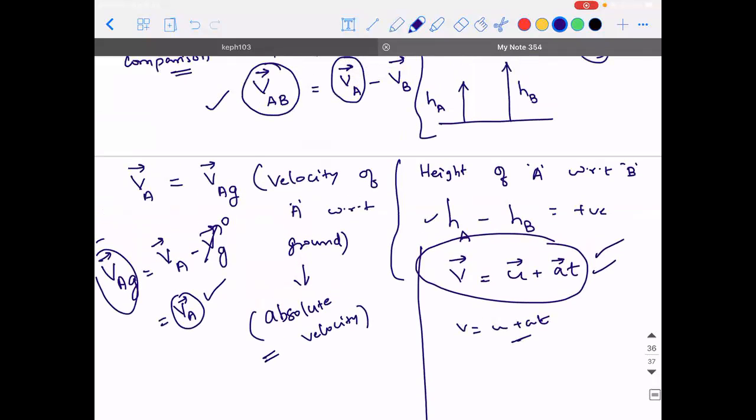So what I'm trying to say is, wherever you're trying to write this value VA, the hidden information inside it is that the velocity of that particular object is calculated with respect to the ground, where ground is considered to be at rest. Okay, and we give the name to that velocity as absolute velocity.